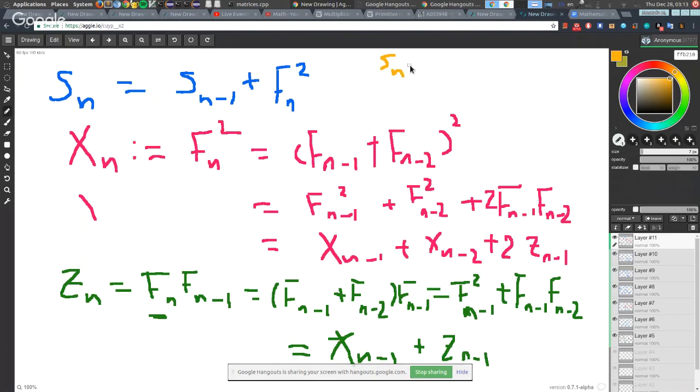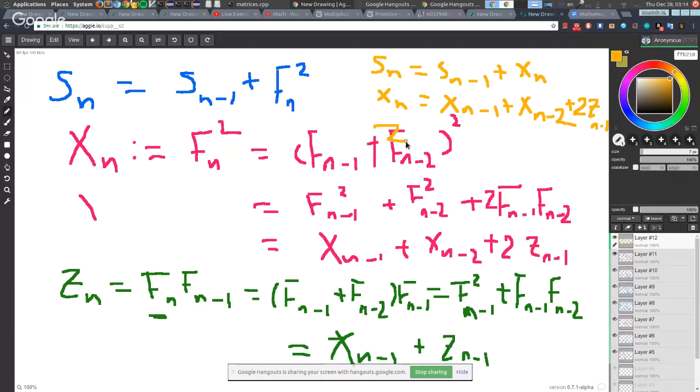So S(n) is equal to S(n-1) plus x(n), and we have x(n) equal to x(n-1) plus x(n-2) plus 2z(n-1), and lastly we have z(n) is equal to x(n-1) plus z(n-1).